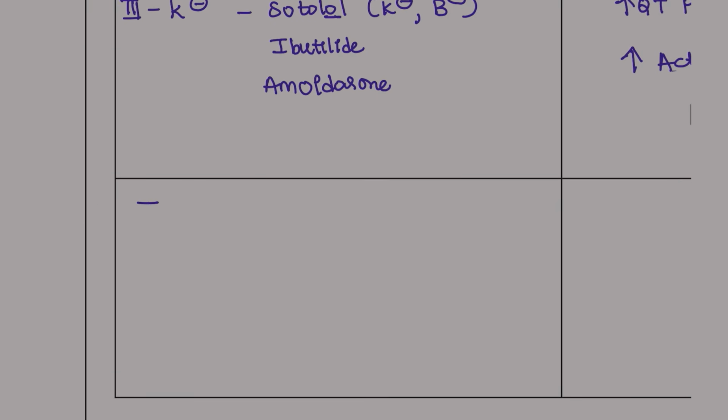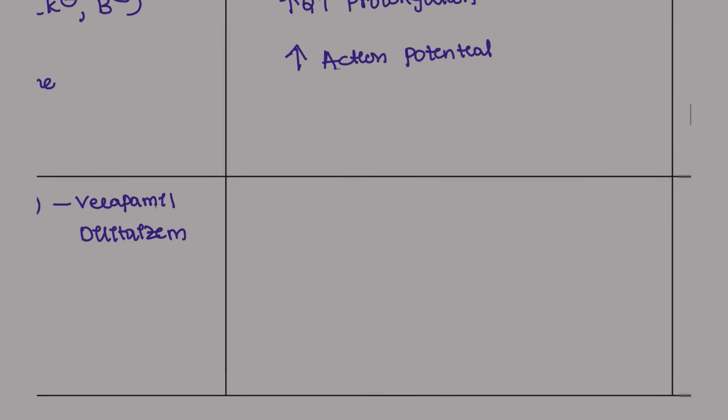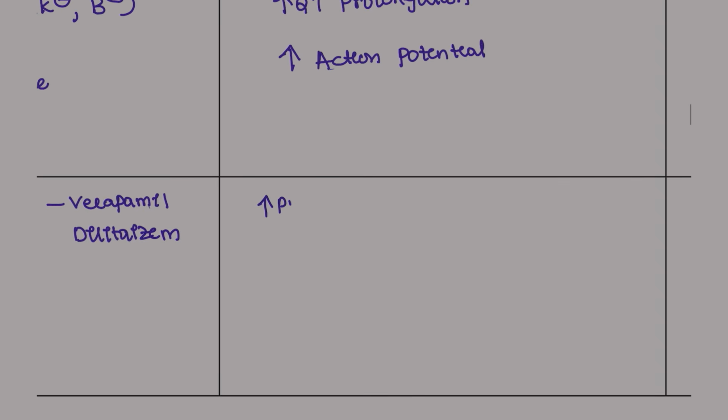Next, class 4. Class 4 drugs are the calcium channel blockers. These are the non-dihydropyridine calcium channel blockers. Examples are verapamil and also diltiazem. So for these drugs, the main mechanism will again be to increase the PR interval and decrease the AV node conduction.